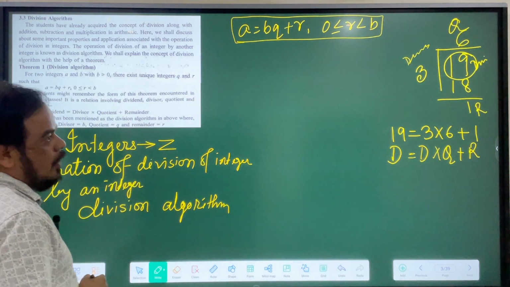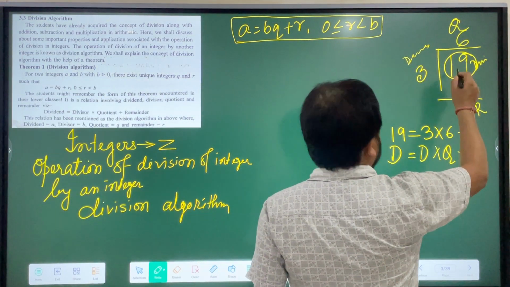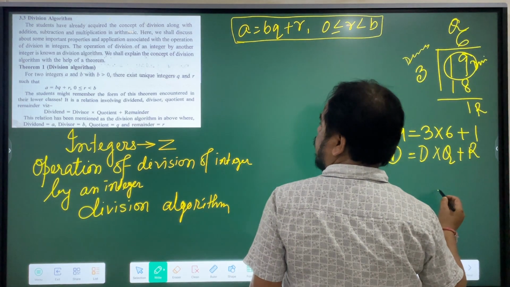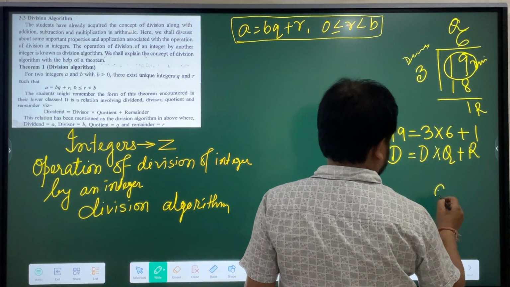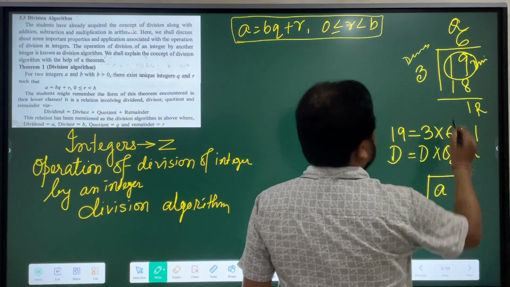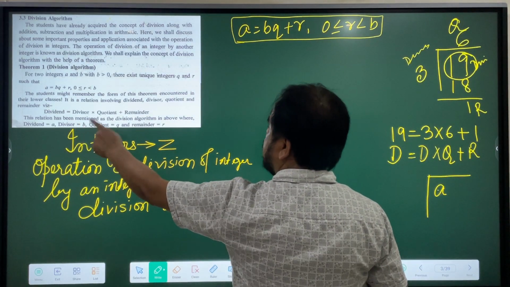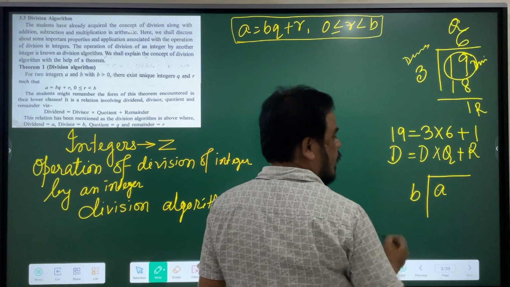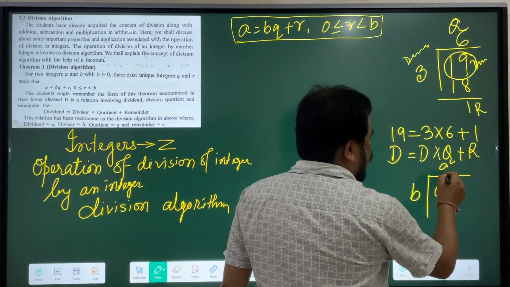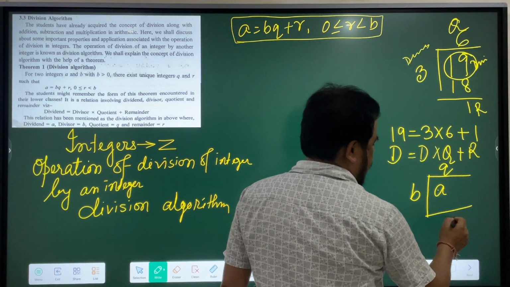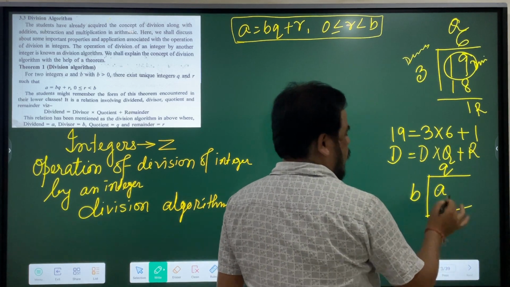So here think that this 19 is a. We are dividing by a divisor b, how many times? q, the quotient. Remainder is r.